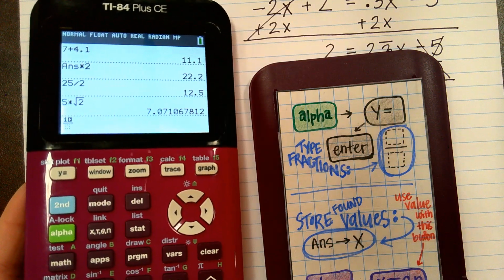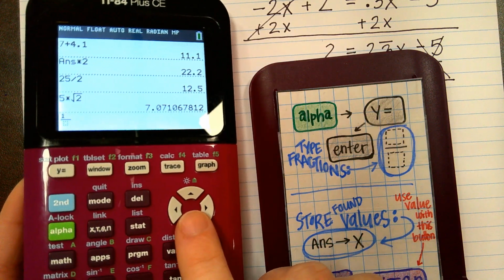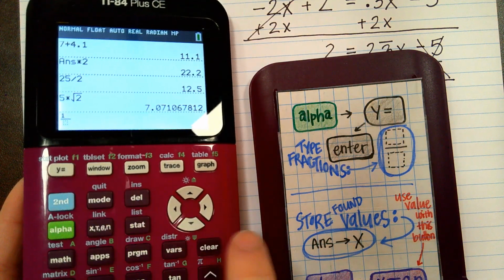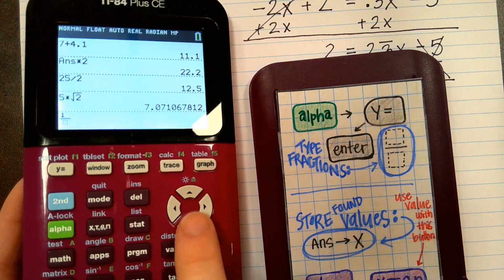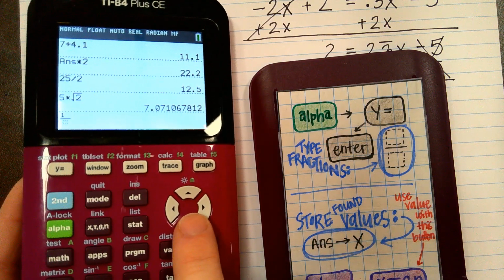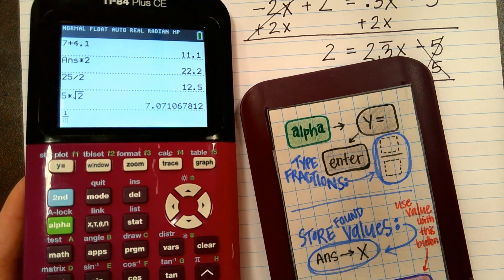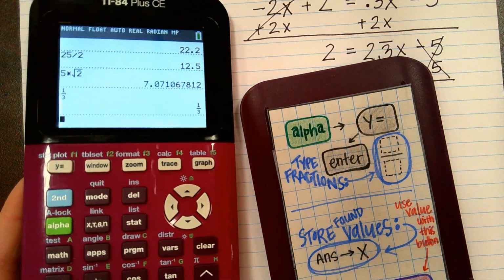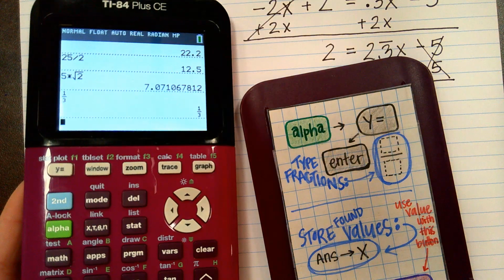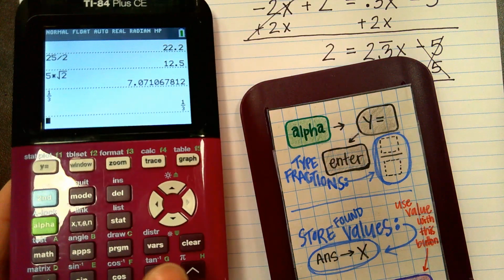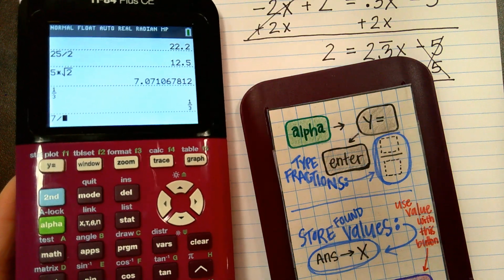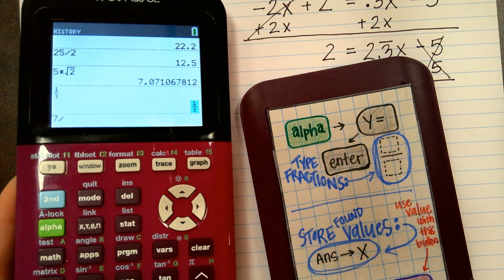I'll type in 1. To get to the denominator, the bottom slot, you use the arrow keys. If you hit enter, it will give you an error message. So you need to hit down arrow and then 3. There's your fraction.